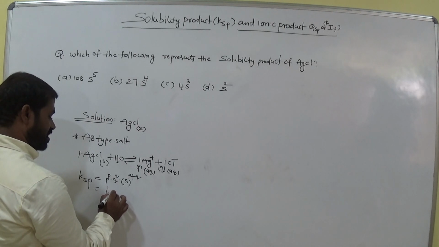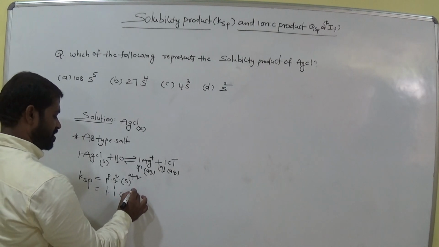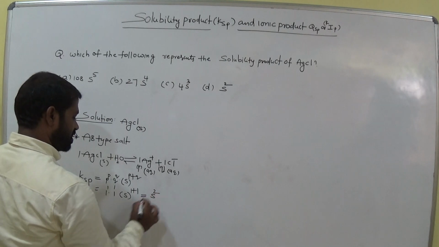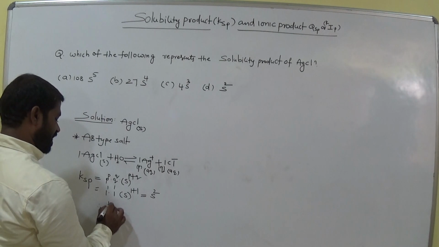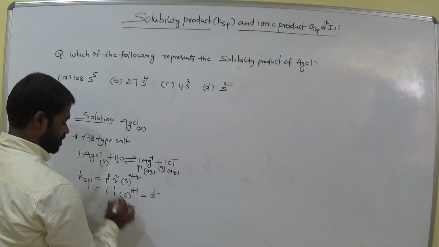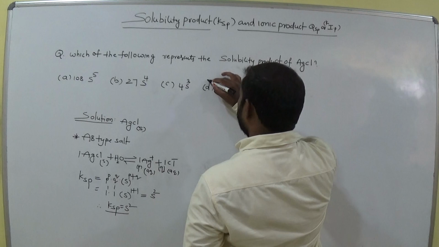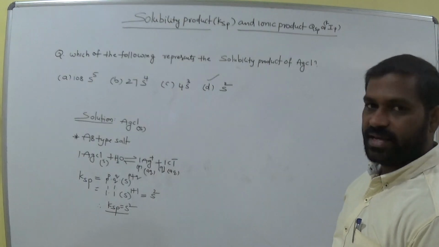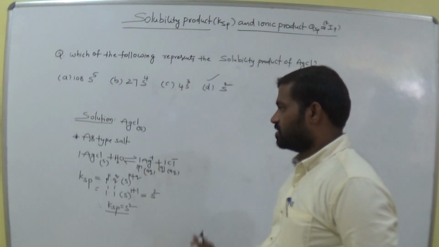So 1 power 1, S whole power 1 plus 1, that is S square. Therefore, solubility product KSP is equal to S square. Now which one is the correct one? D is the correct one. Clear, all of you?